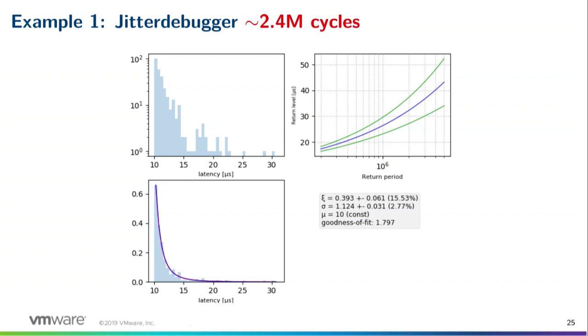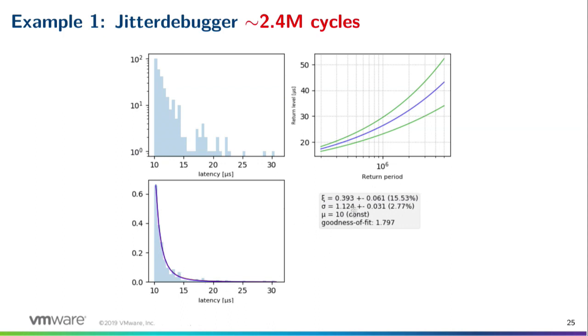In the example which we saw with the GUI, we saw 300 nanoseconds. And here we see 30 microseconds, so it's a significantly larger latency. Below, you see how this histogram gets fitted with the theoretical distribution. See, the curve of the distribution follows the histogram more or less correctly.